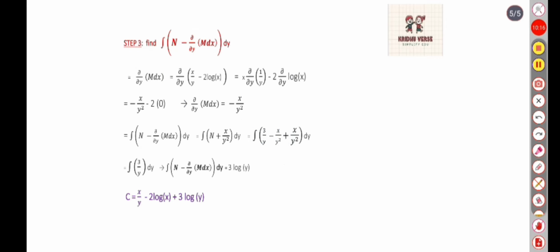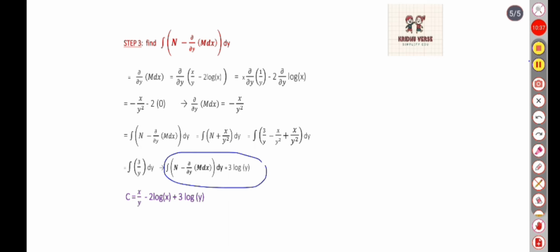So integral of 3 by y dy. So we know the integral of 1 by y is log, so log y. 3 is constant, so 3 log y. So this is the value of this one.